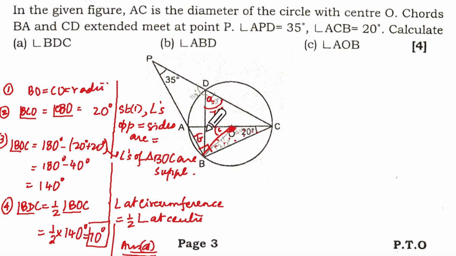Now for B, you'll have to connect it with this triangle. See here, can you see this triangle here? This one. This is the exterior angle.